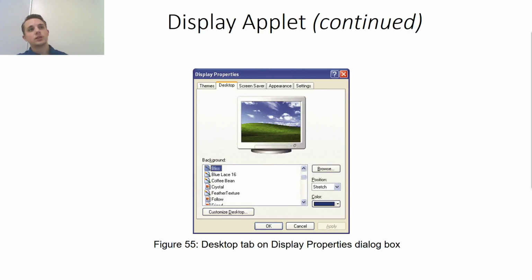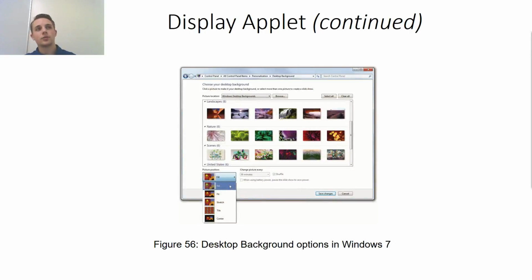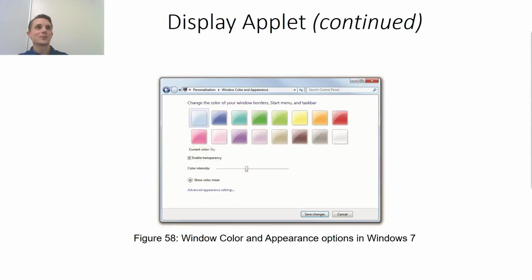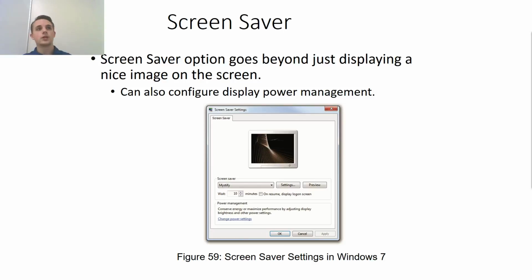XP display settings didn't really have themes. You can change the window color around your windows if you so choose. Windows 8 will ask you during setup if you want to do it.